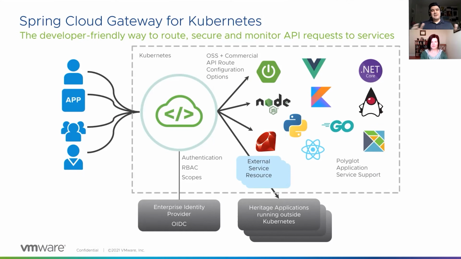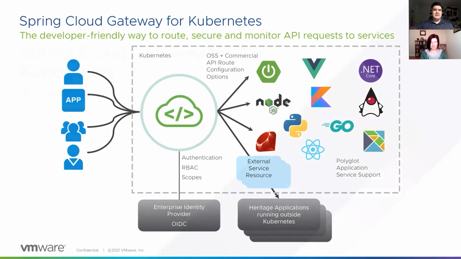So polyglot application and service support is a main focus of ours, making sure everyone can play in this pool. And then some of our customers, I'll talk about in a bit, have the use case of having to access external services. Most of the time this is happening in an application modernization effort, but we've also seen it where you're using some SaaS services out there and exposing them through your APIs as well.